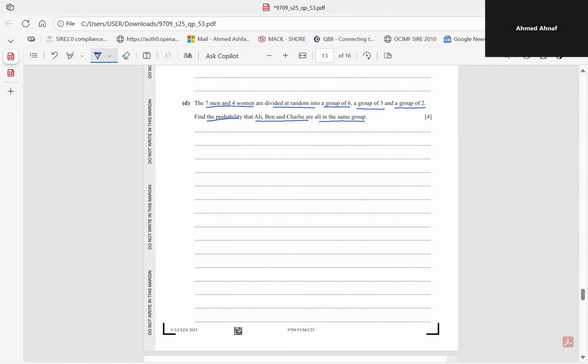Okay, so in order for them to be in the same group, we're going to have to consider it on a case-by-case basis. So the first case is that they're in a group of 6. So you have to find that probability first.